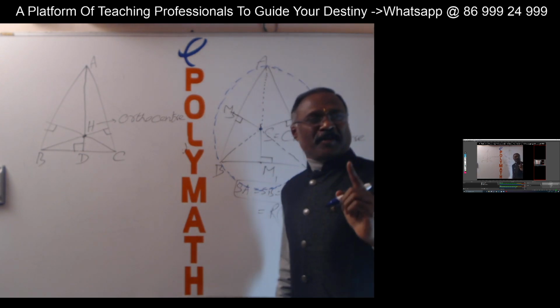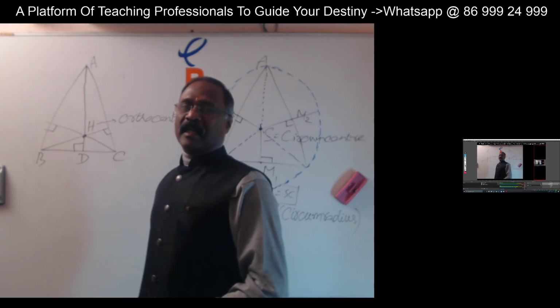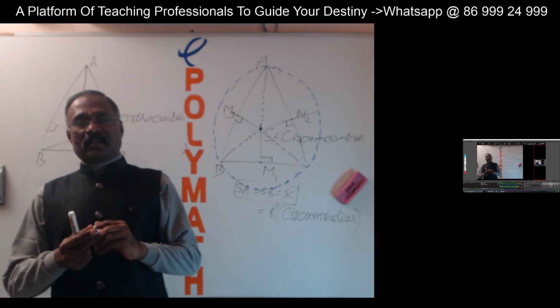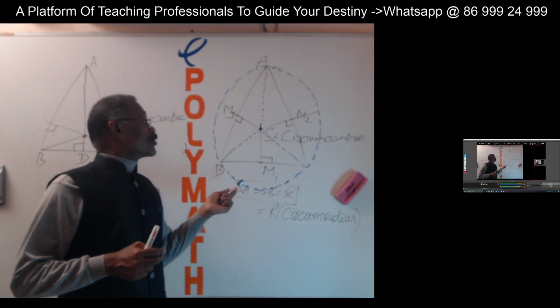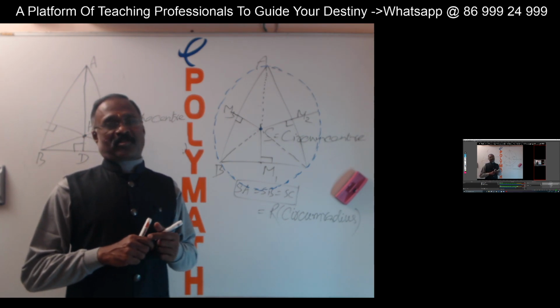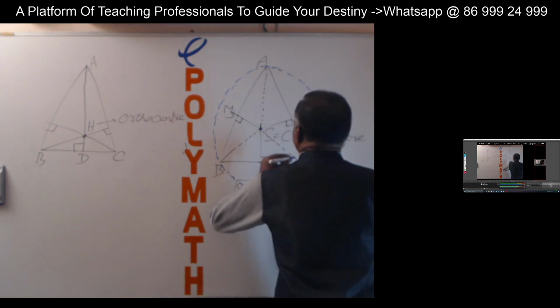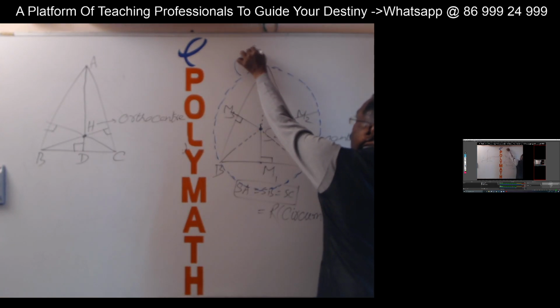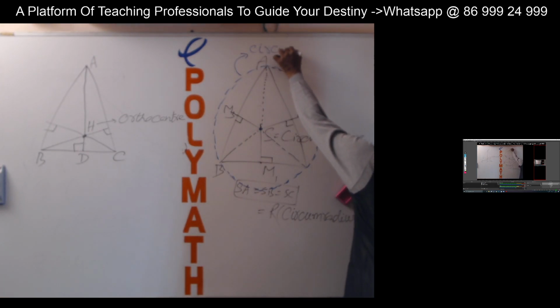That is why it is said to be circumcenter. So, we also call it circumcircle. It is circumscribing the triangle.